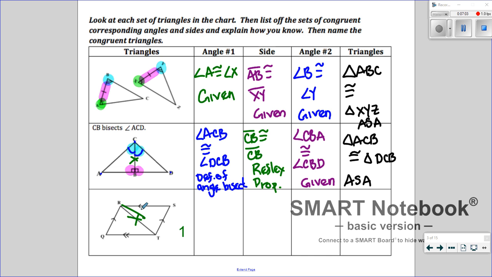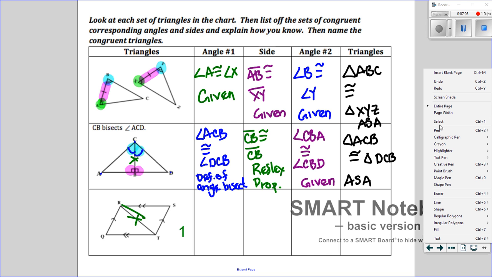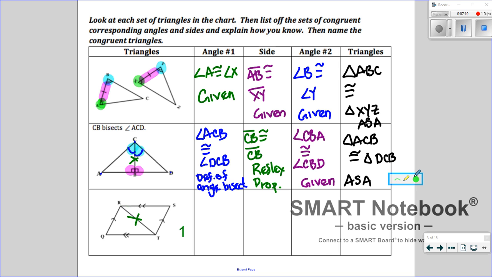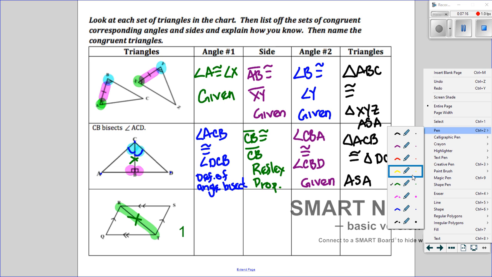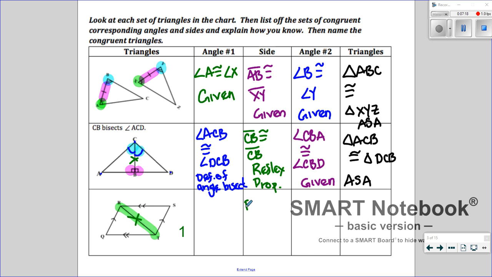Let's try that again. Undo and highlight green. Alright, so I'm going to write that because I already marked it up. RT is congruent to RT, and it's because of the reflexive property. Alright, now I need to find angles.